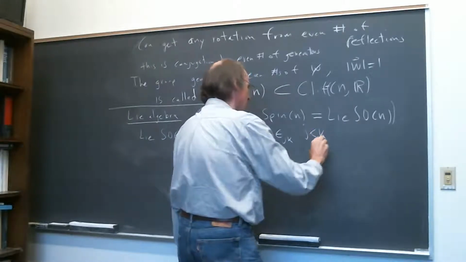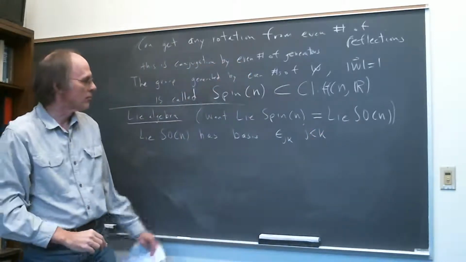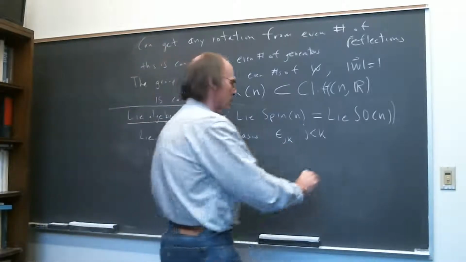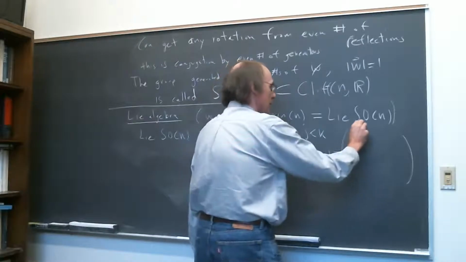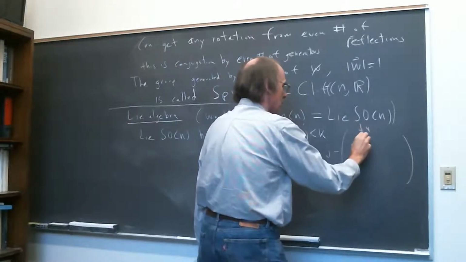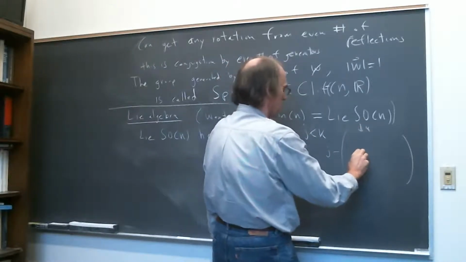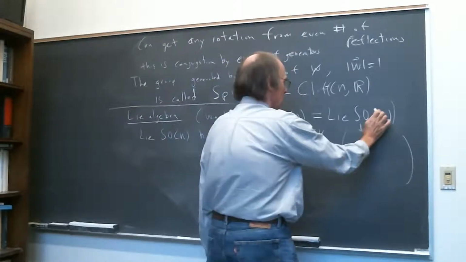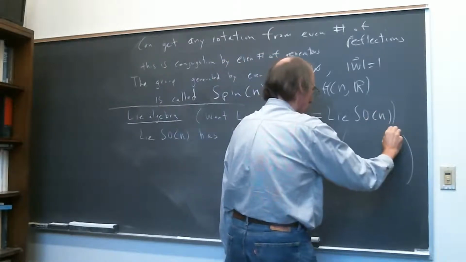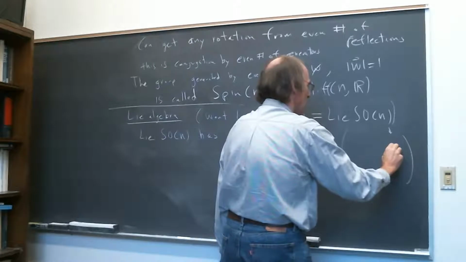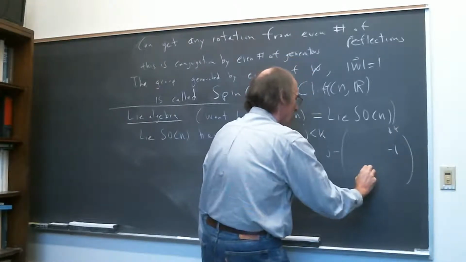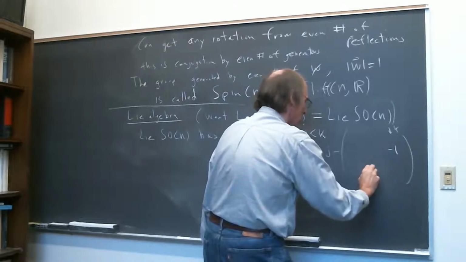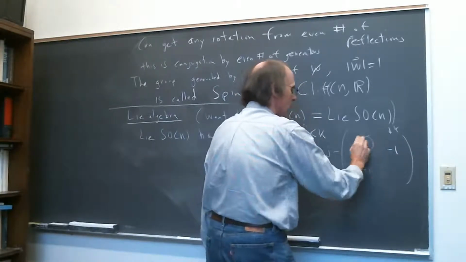This is the matrix that I could have at the jk slot. Now I've got a -1 here, and then a +1 here, and then everybody else is 0.